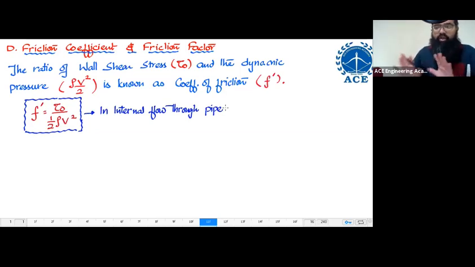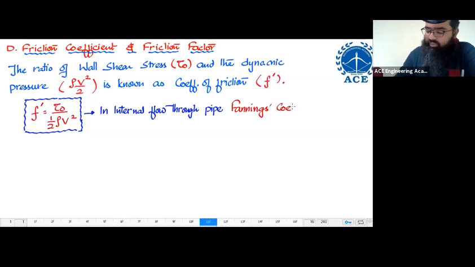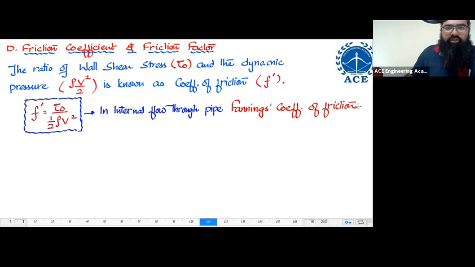That name is only for internal flow through pipe. It is known as Fanning's coefficient of friction. This is in the case of internal flow through pipes.